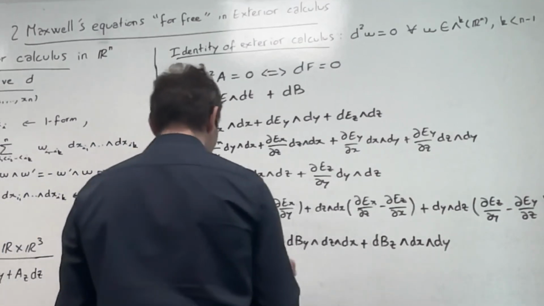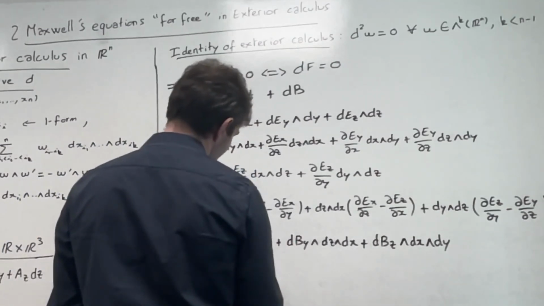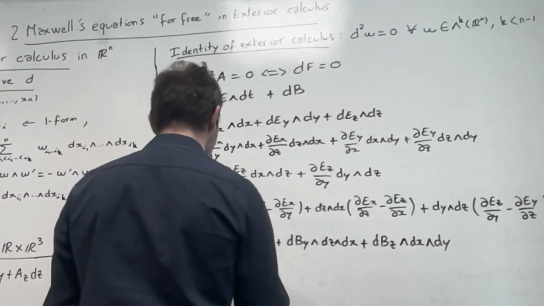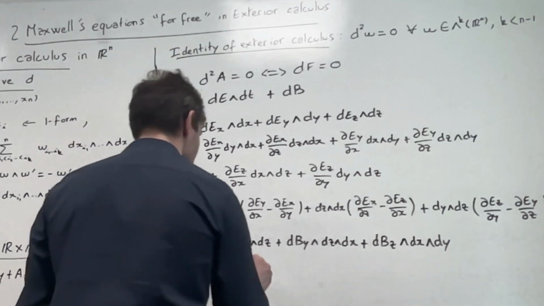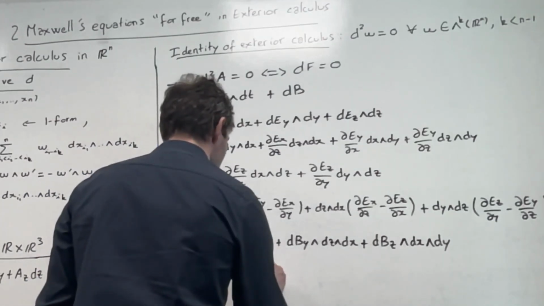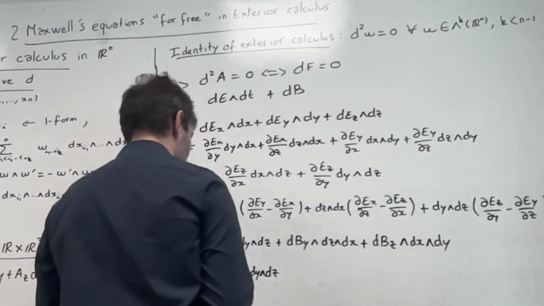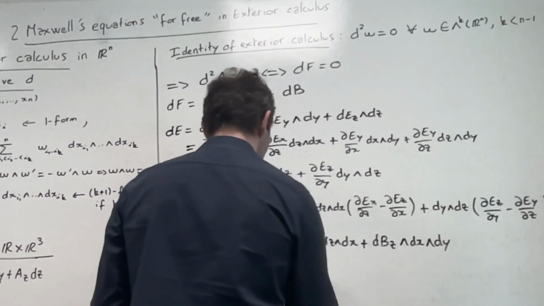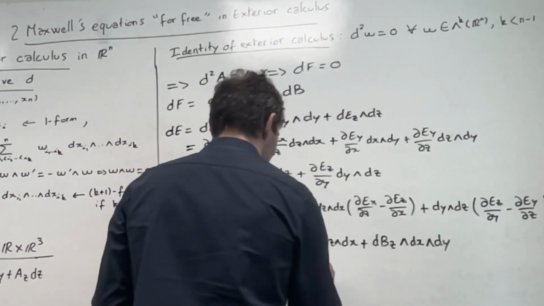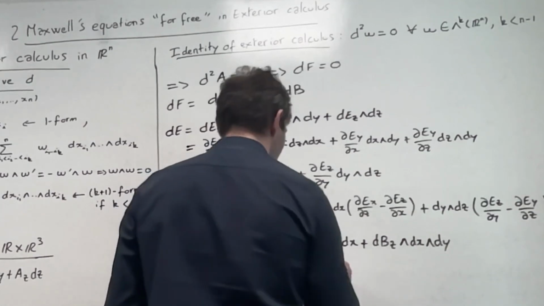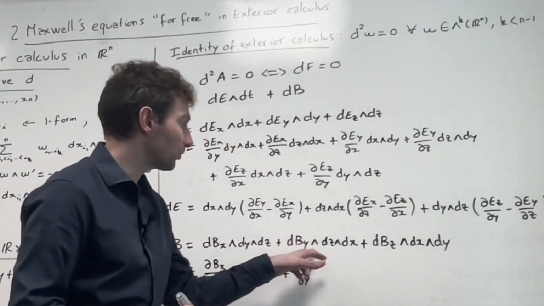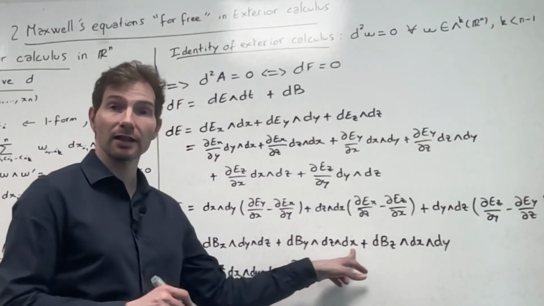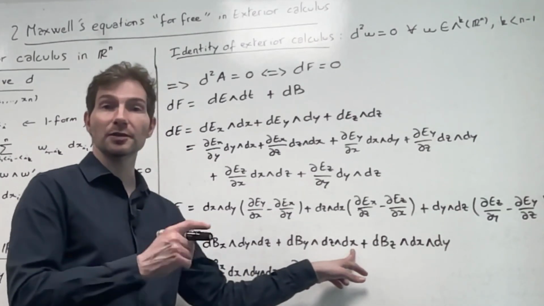that's it. So here I'm going to get dbx and then dx dy dz. Then here I'm going to get dby dy, and here I'm going to get dy dz dx.